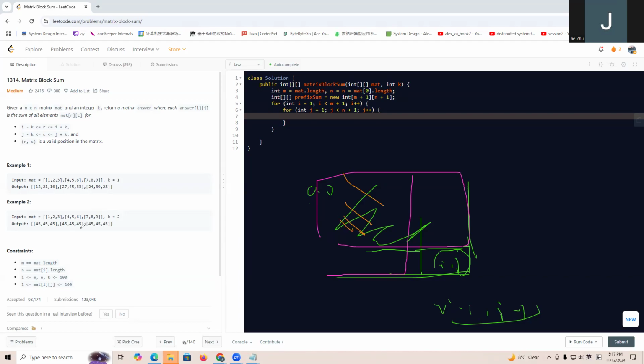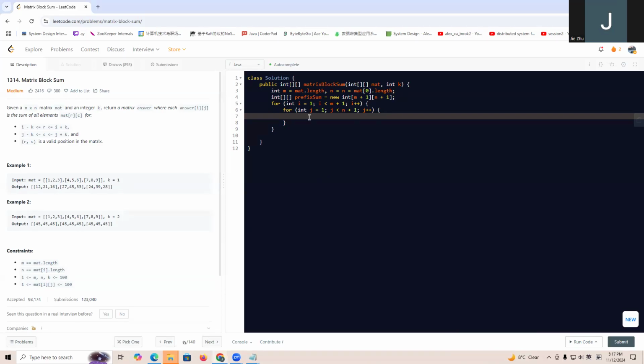Then we also add the value of mat i minus 1, j minus 1. So that will have prefix sum i j equals prefix sum i minus 1 j plus prefix sum i j minus 1.